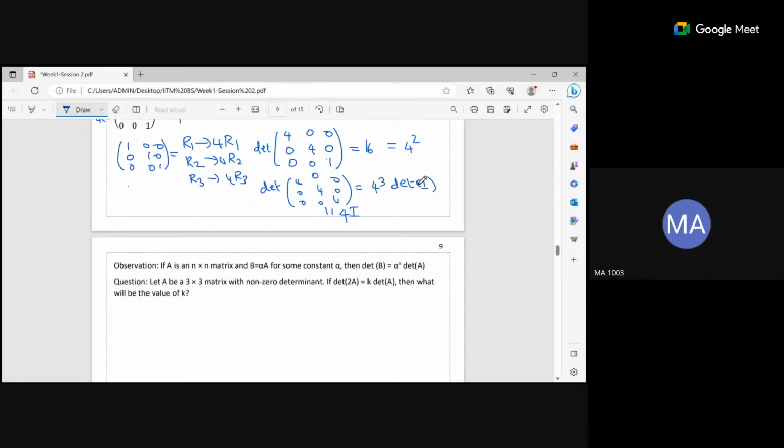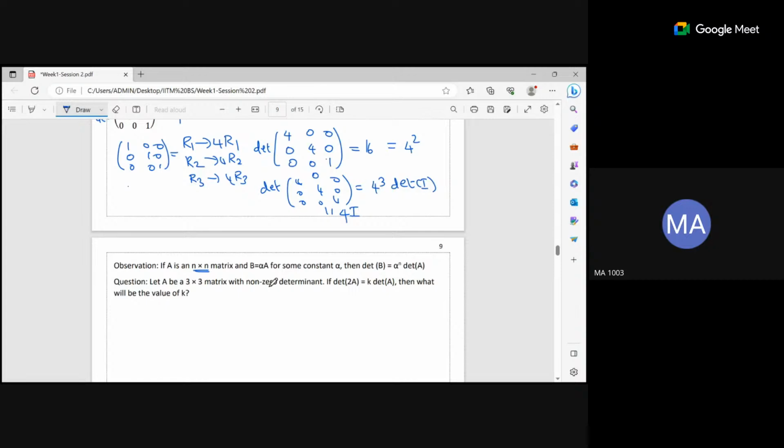See, this n is appearing here. Here we have a 3 by 3 matrix, and here again we are considering a 3 by 3 matrix. It is given that the determinant is non-zero. So you know the determinant of A is non-zero.